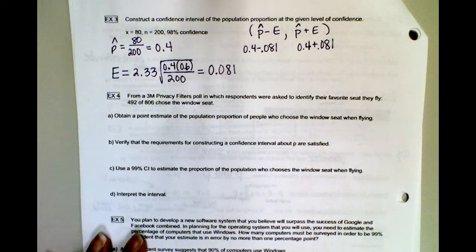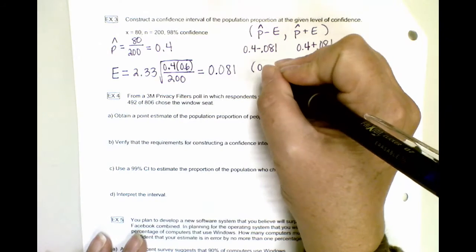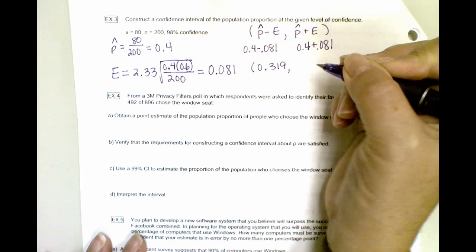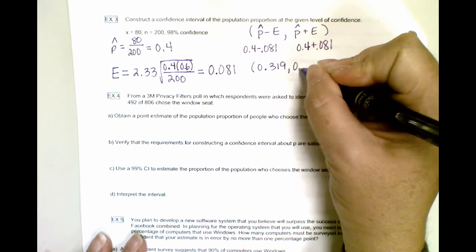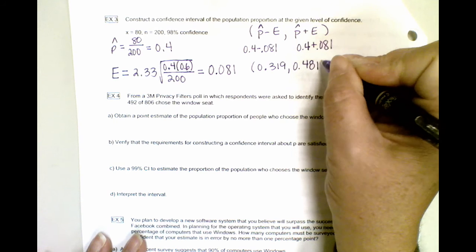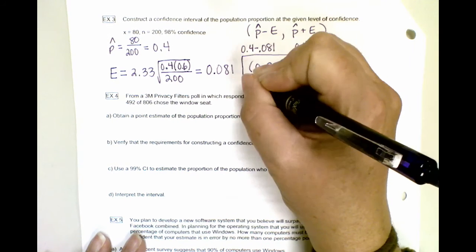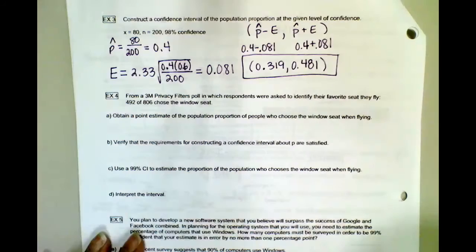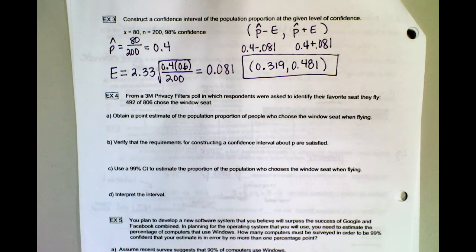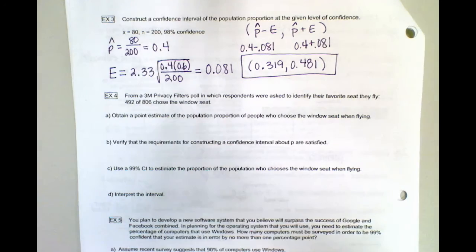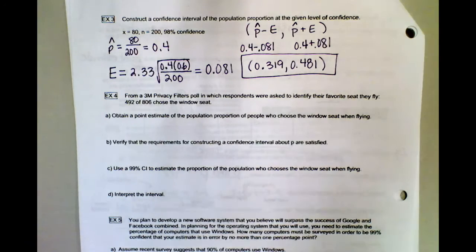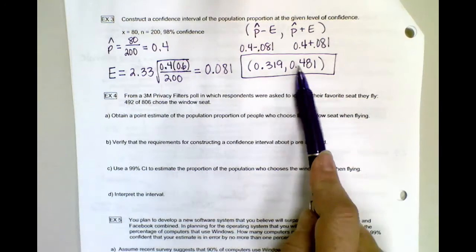So that is going to give me 0.319 on the lower bound. And on the upper bound, obviously, that gives me 0.481. So we're 98% confident that based on this information, the actual population proportion would fall in this interval.